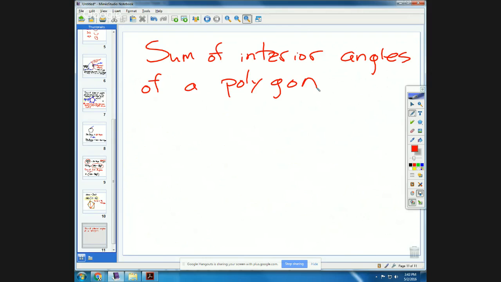Actually, it was regular when I was talking about the exterior angle. At this point, it's any polygon. The 180 times n minus 2 applies to any polygon.